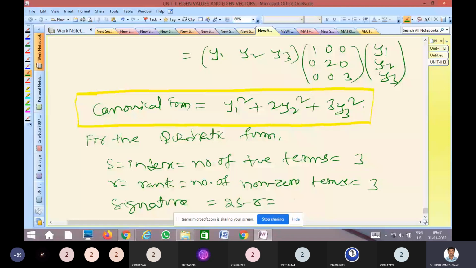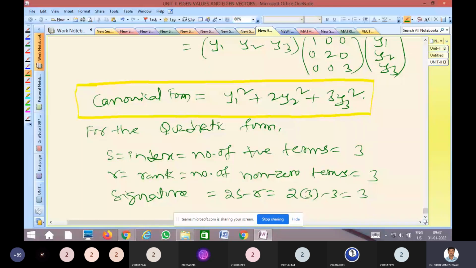So 2 into 3 minus 3, 6 minus 3, 3. Okay, so this is the signature, right? So in this way we can find a canonical form corresponding to the given quadratic form by orthogonal reduction.